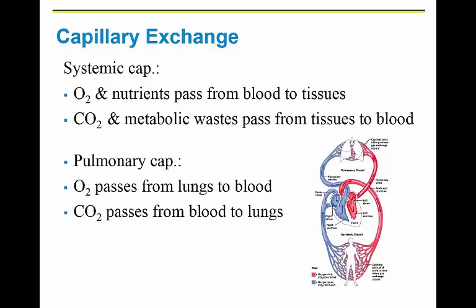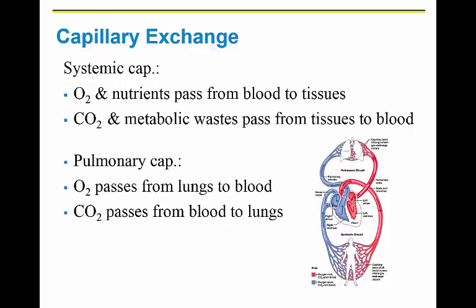For the pulmonary circuit, okay, for the capillaries that are part of the pulmonary circuit, oxygen is going to pass from the lungs to the blood. So note that difference between the systemic circuit and the pulmonary circuit capillaries.